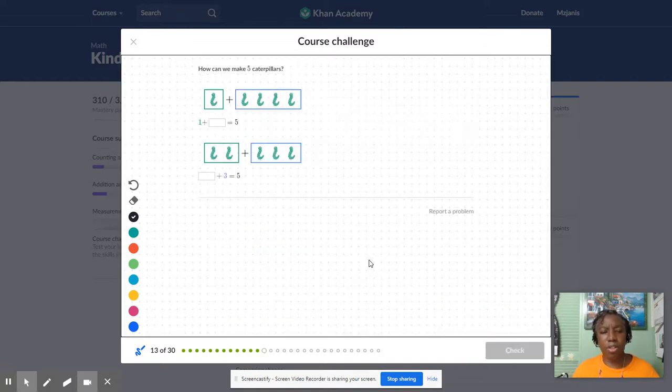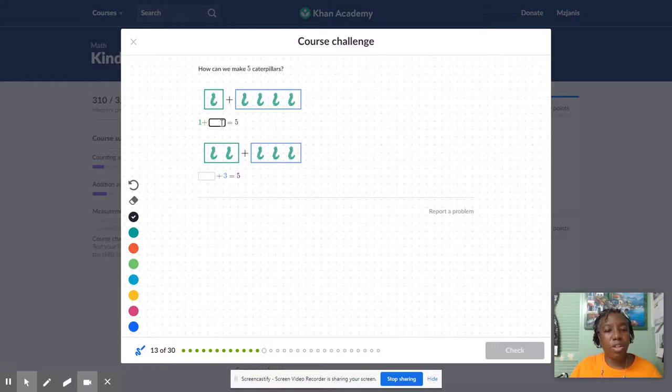Okay, next question. Okay, how can we make 5 caterpillars? So they have to remember that 1 and 4 equals 5, and then 2 and 3 equals 5.